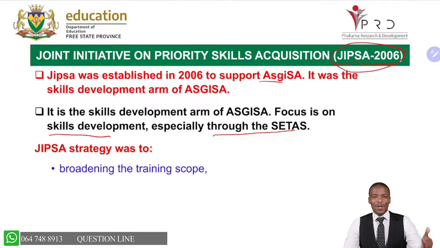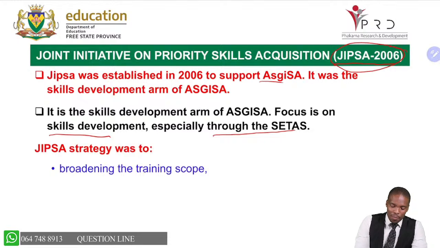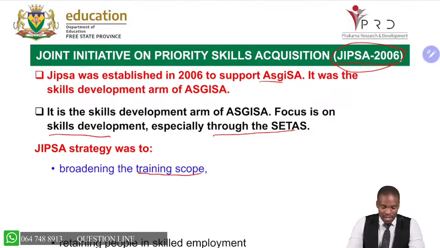In such programs, the learnerships and the internships that are being done, they help to improve those skills so that those people, after they've finished with their school, will be trained and ready for the labor market, or to be employed, or to even become entrepreneurs.